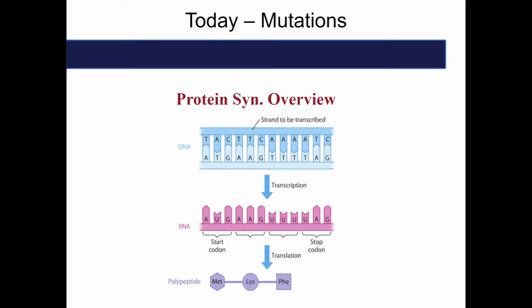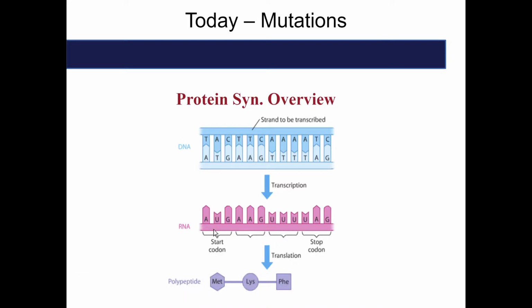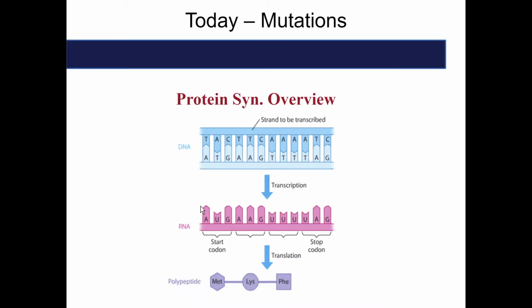Once we have our RNA, we can then leave the nucleus and go into the cytoplasm so that we can perform translation. We want to remember that in order to translate our RNA sequence, we have to look at the codons. We have to start with the start codon, which is AUG, otherwise known as methionine.